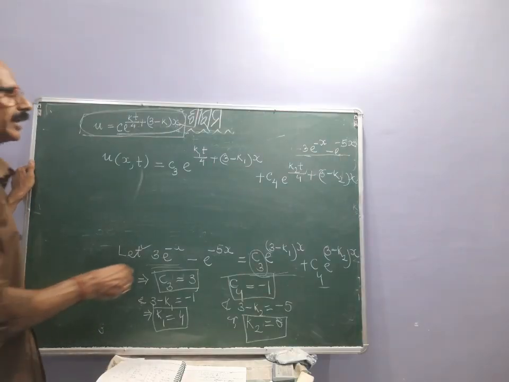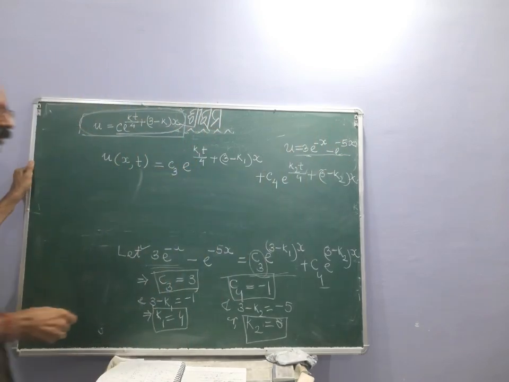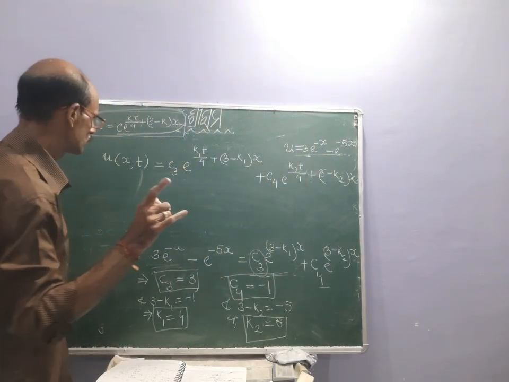See, if we have boundary condition sum of two terms, then we have to do like this.